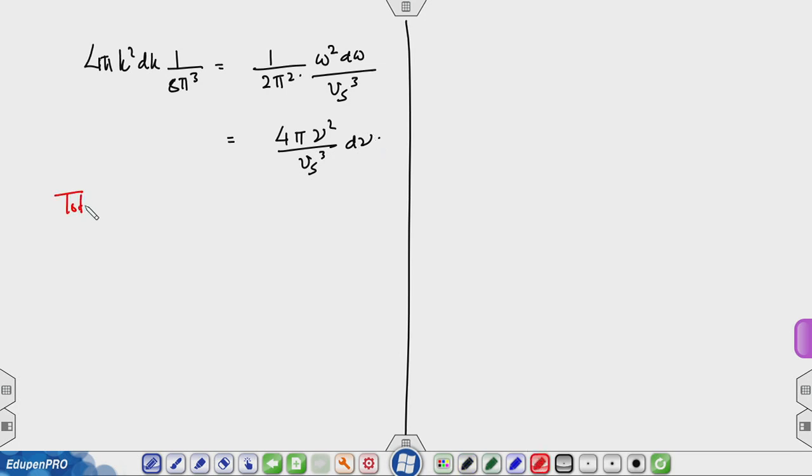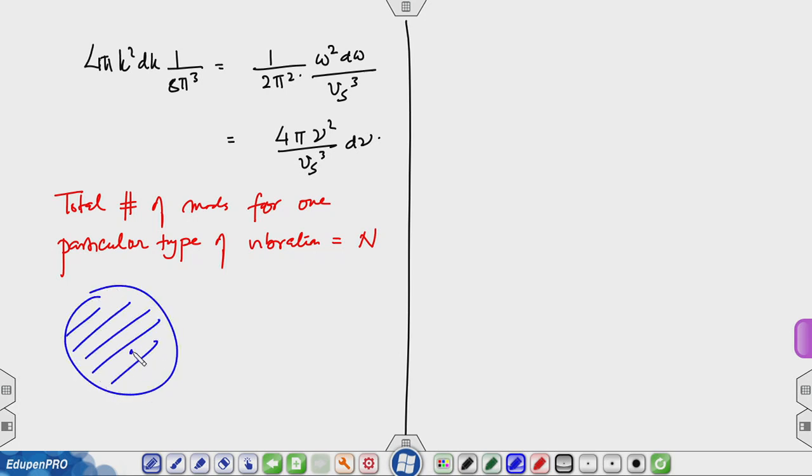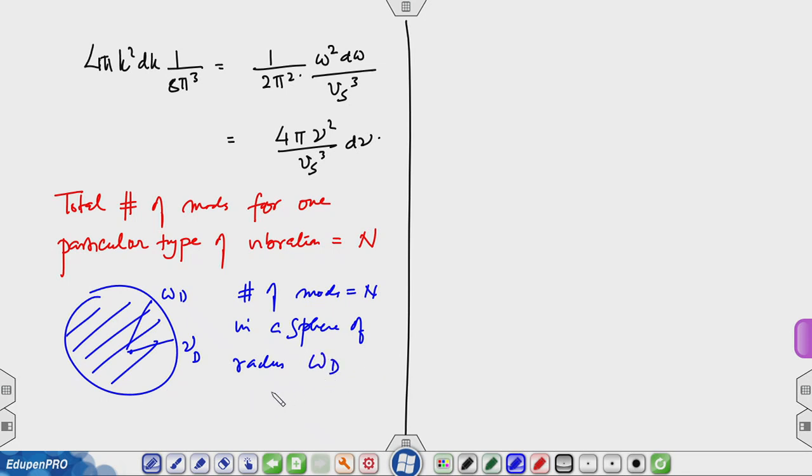Now, the total number of modes for one particular type of vibration is equal to n. All three of them will give you 3n, and therefore, what I am going to have is that in the largest radius of some nu, which I am going to call nu Debye or omega Debye, the number of modes is equal to n in a sphere of radius omega d or nu d.